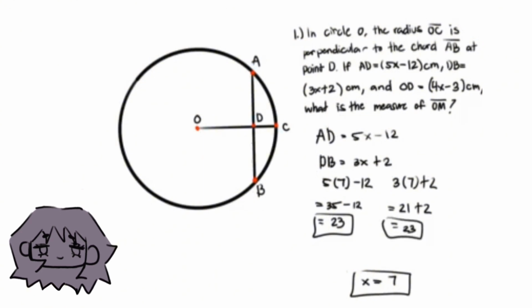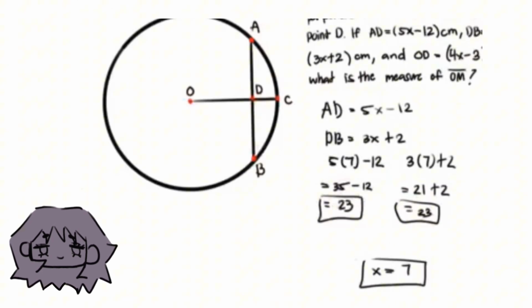And just like we said, the lengths AD and DB are equal, or we can call them congruent. Since our AD and DB have the same centimeters, it means they're congruent and have the same lengths.